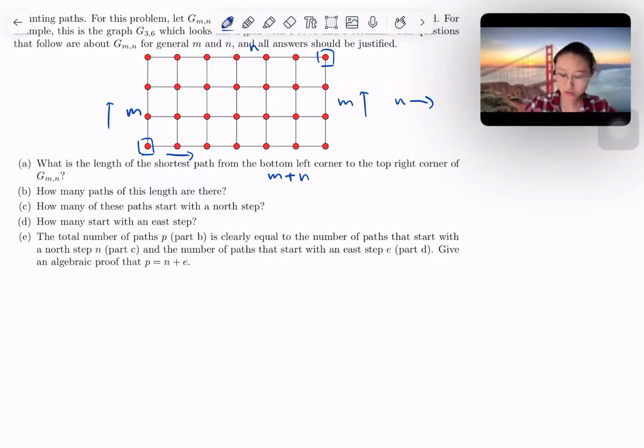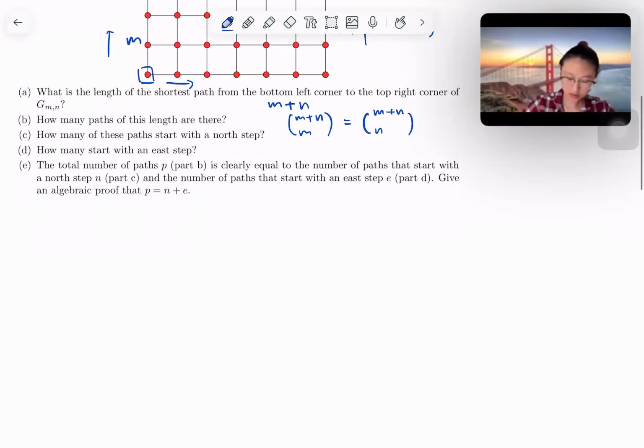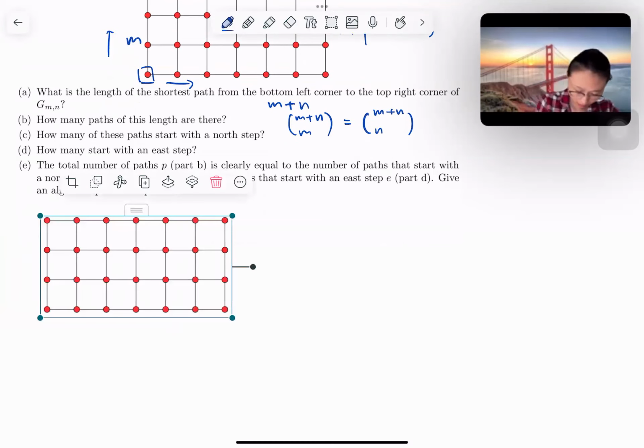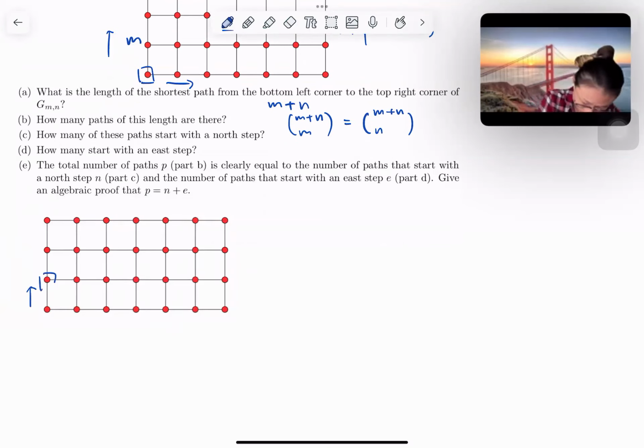So what we need to do is choose n places from n plus n, which is equal to choosing the n steps that go right from n plus n.